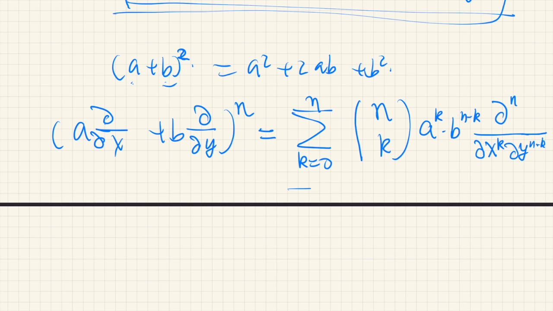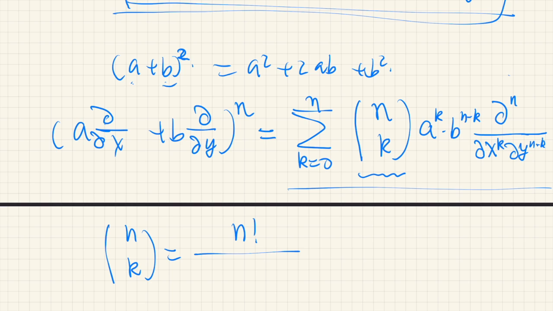So this is yet another differential operator, but this is an nth order differential operator. And of course, this n choose k means n factorial over k factorial times n minus k factorial.